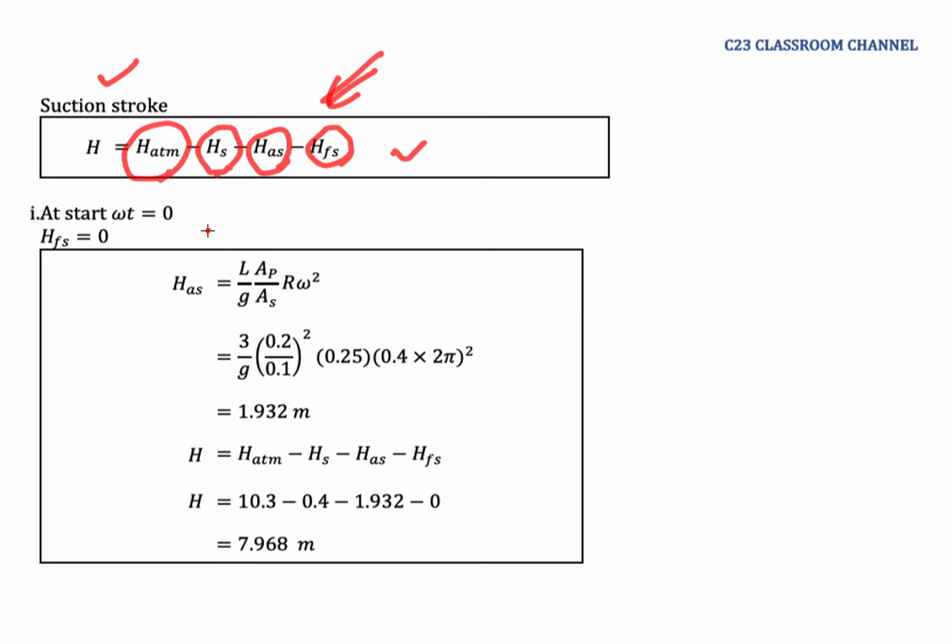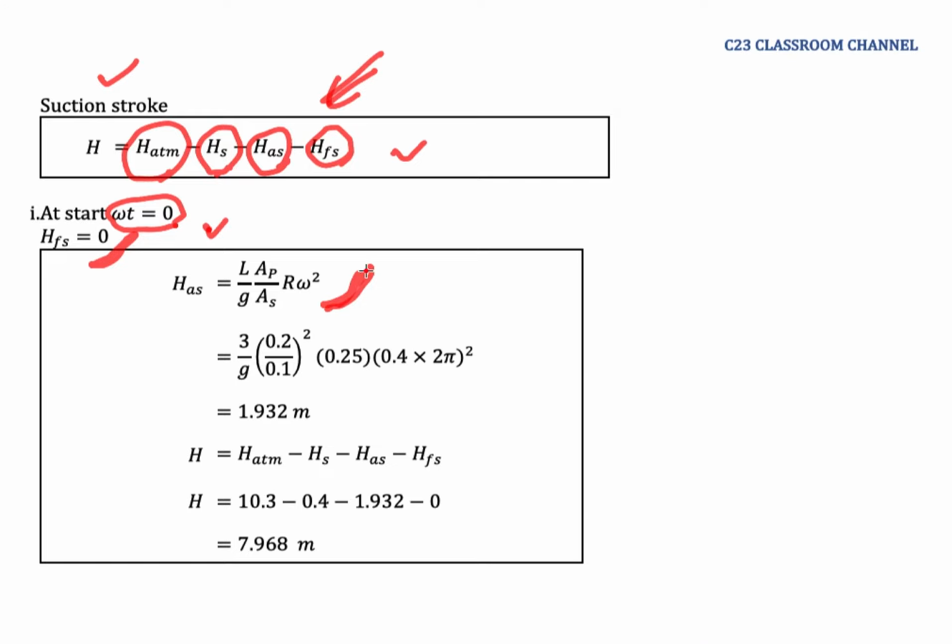Okay, so until this level, I think you already know at the start point, theta is equal to 0, and then we will have sine 0, so we have a friction of 0 here. For the acceleration, the equation uses cos theta, and at 0, cos theta is equal to 1.